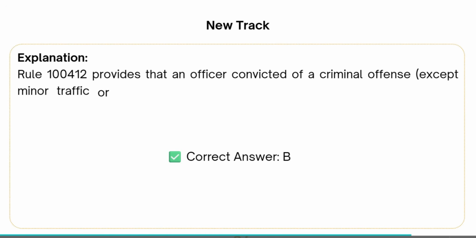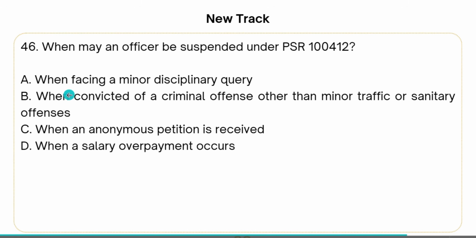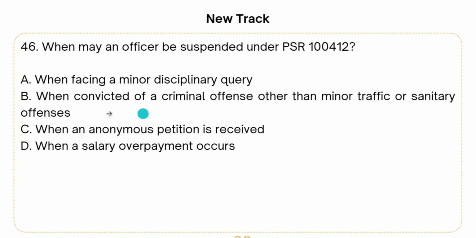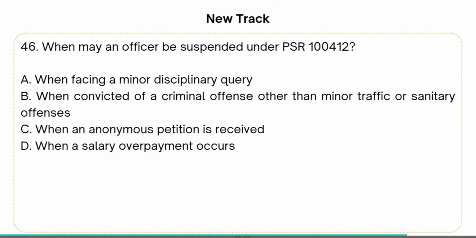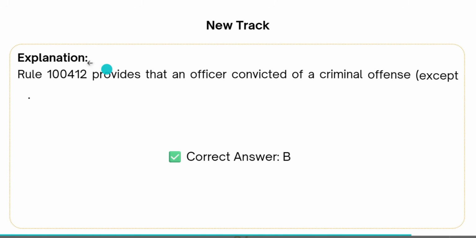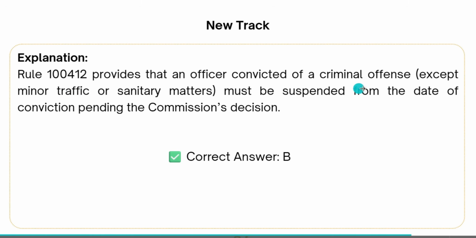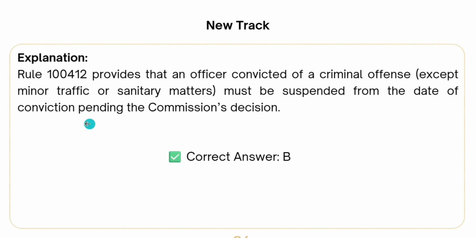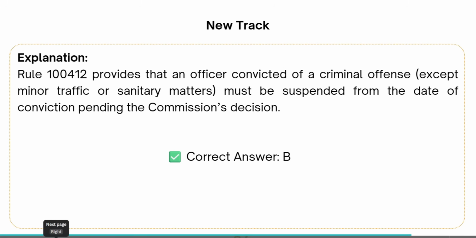The right option is option B. The rule provides that an officer convicted of a criminal offence, except minor traffic or sanitary matters, must be suspended from the date of conviction pending the Commission's decisions.